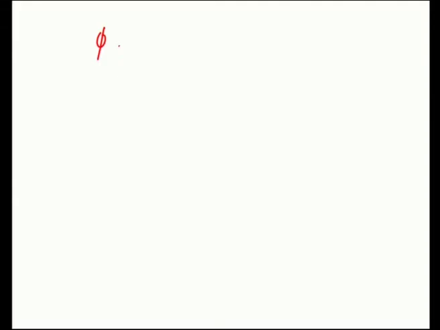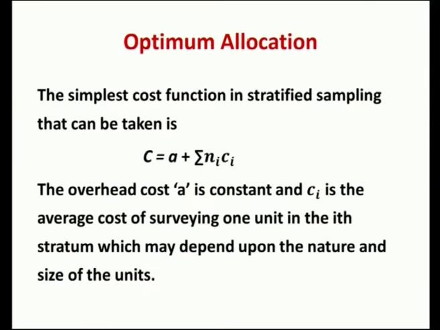To determine the value of Ni, that is sample stratum size, we consider the function phi, which is given by variance of Yst bar plus lambda c, where c is the cost function, that is A plus summation Ni Ci.